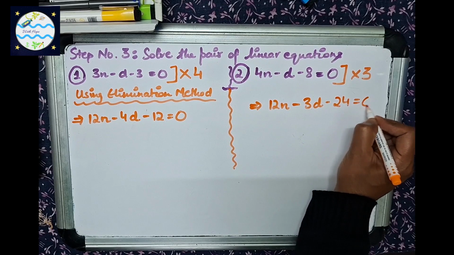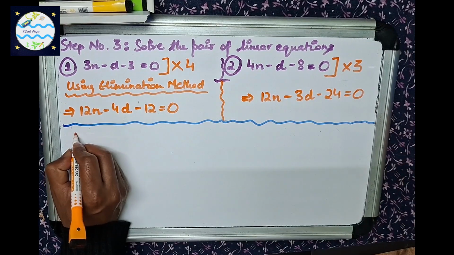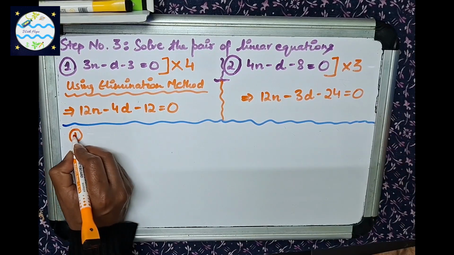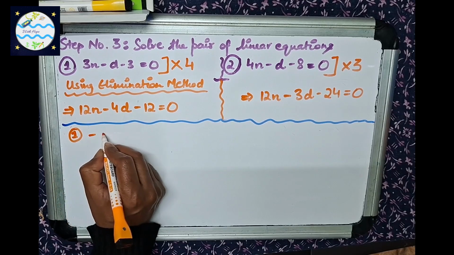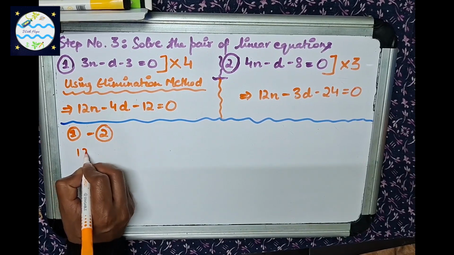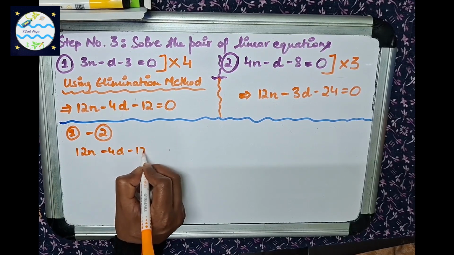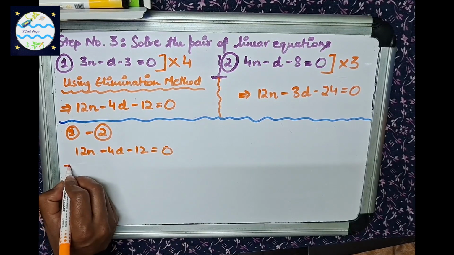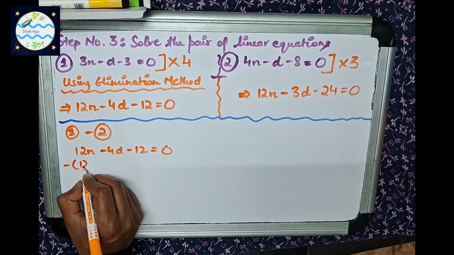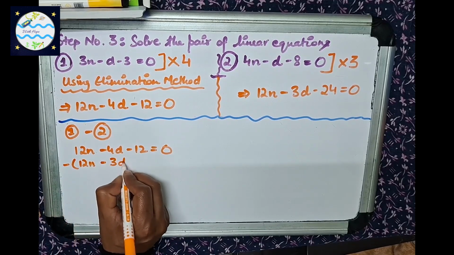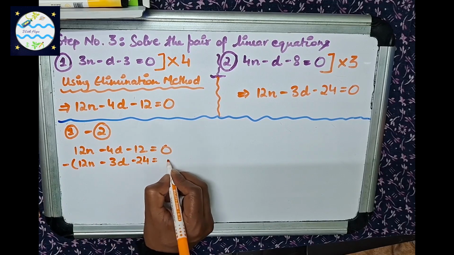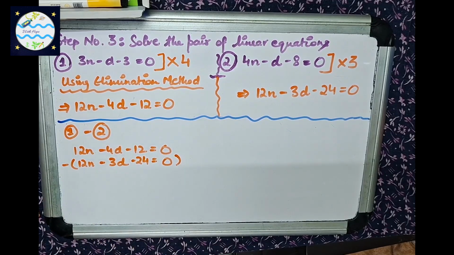Now let us subtract equation 2 from equation 1 to eliminate n and figure out the value of d. 12n minus 4d minus 12 is equal to 0, minus within brackets 12n minus 3d minus 24 is equal to 0.